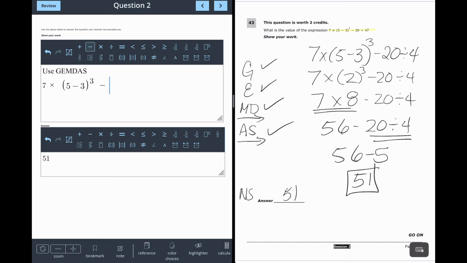Let's actually use the minus 20 divided by 4. Great. So I have that there. So now I'm going to do the G for groupings first. I'll write it at the end. So 7 times. And now I want the 2 with the little 3 there. So I'm going to use that.